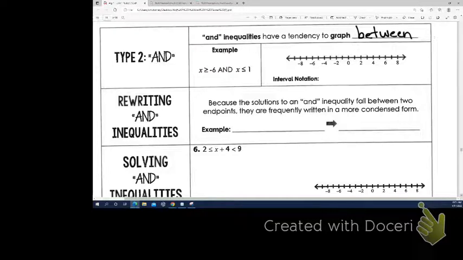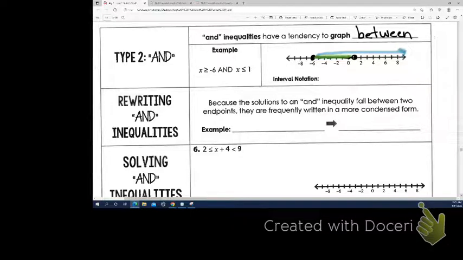So if I say x is greater than or equal to -6, and it's less than or equal to 1. So that's from -6 to 1. It's the things between there. Both things have to be true. So really, greater than -6 goes all the way out here.